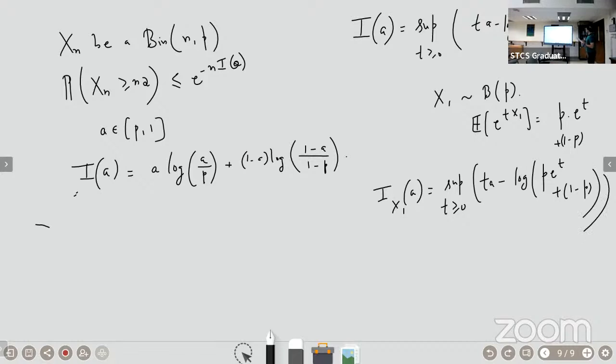It simplifies. What value of t into this? So differentiate.